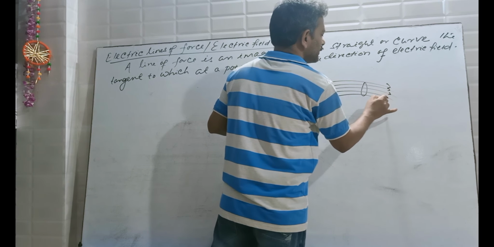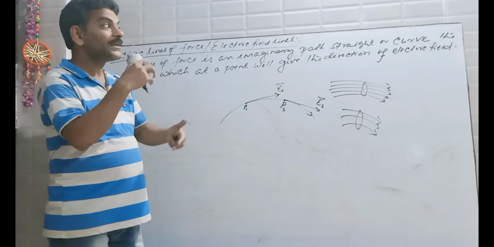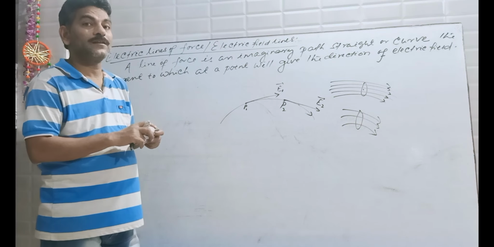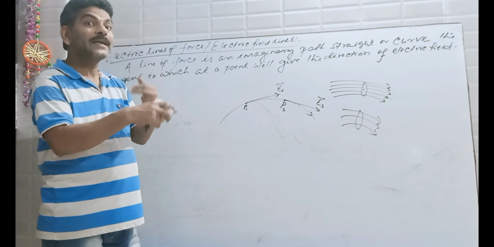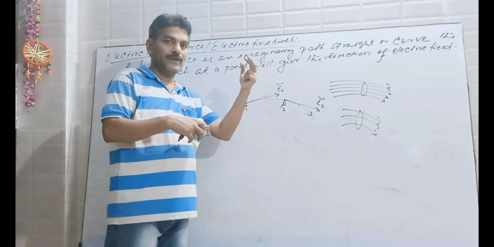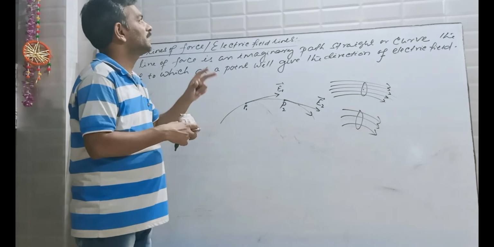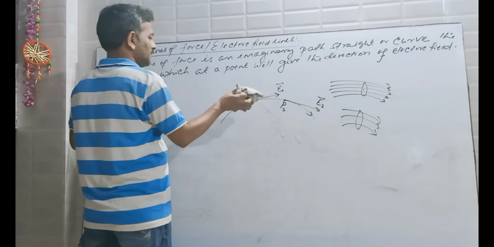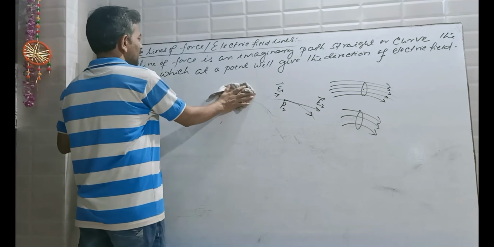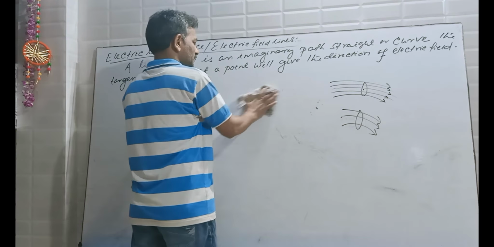Here a lesser number of electric field lines are there. Here the electric field will be stronger than that region. So by counting the number of electric field lines, we can analyze the strength of electric field. Okay? So this is the definition of electric lines of force.